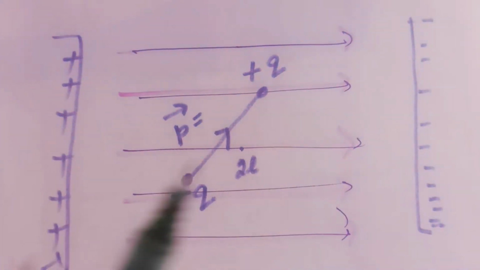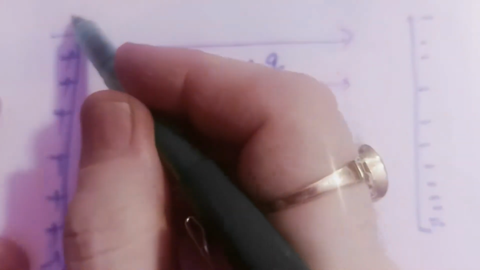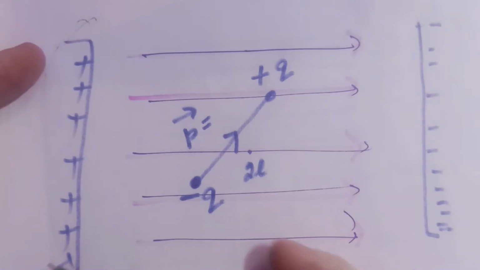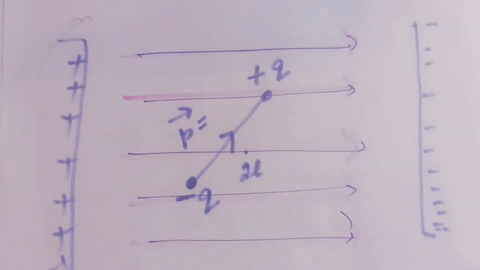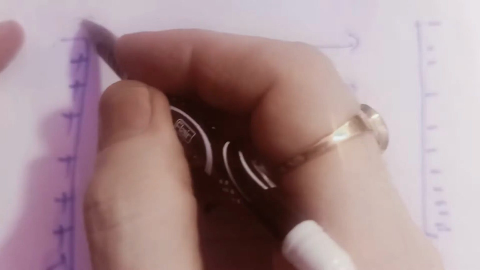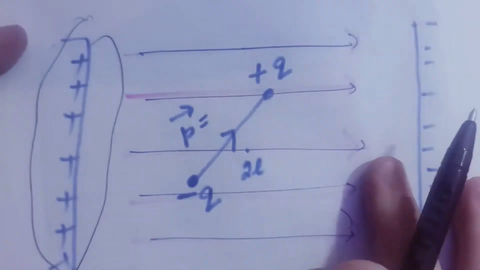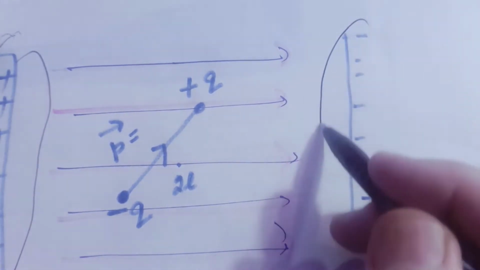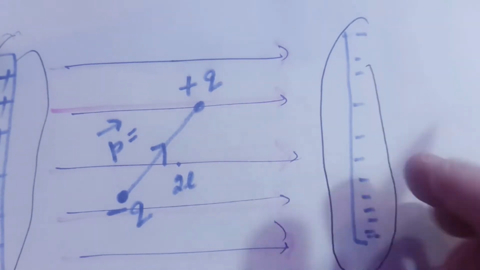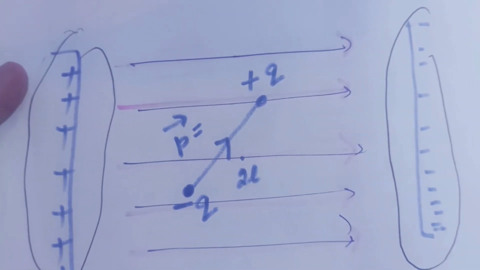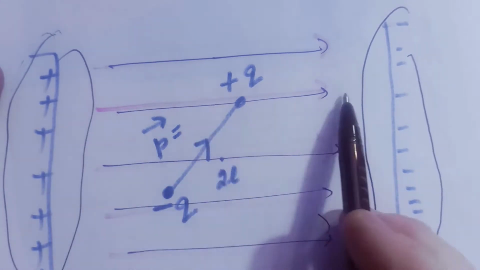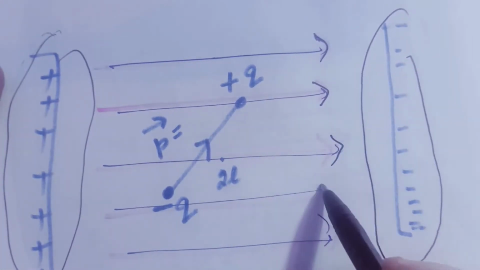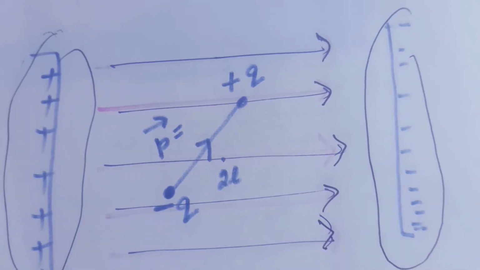The reason is that some source of positive charge is here and some source of negative charge is here. So electric lines point from positive to negative.